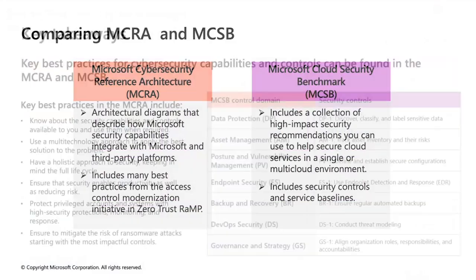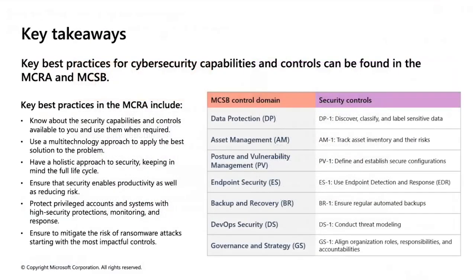So here, key takeaways. MCRA is for reference architecture, for knowing about the capabilities and what controls we can enable and what is available in that. We have a very well designed reference architecture set that we can use. This will help you plan what services to use and when to use them. Whereas MCSB gives you different recommendations under different control domains like DP, AM, PV, ES, BR, DS, GS.